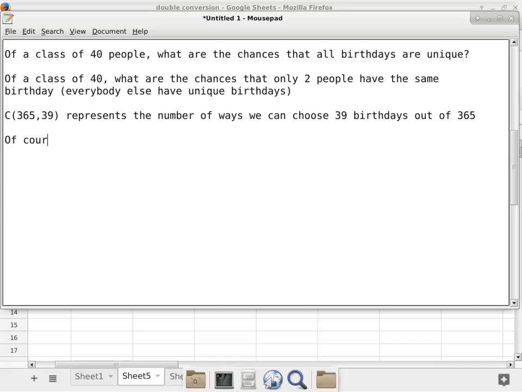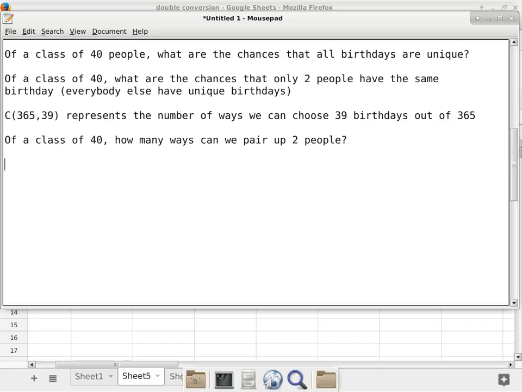Out of a class of 40, how many ways can we pair up 2 people? That's what we are looking for. Is it combination or is it permutation? It's combination. Why?